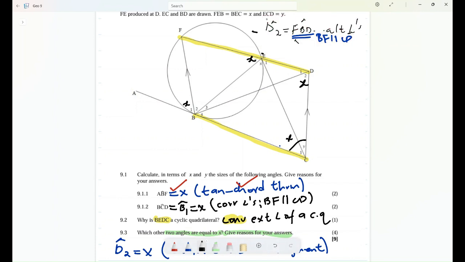With D2. So now I can say D2 is equal to FBD, or FBD is equal to D2 is equal to x, because now which FBD are we talking about? FBD. Yes, this one.